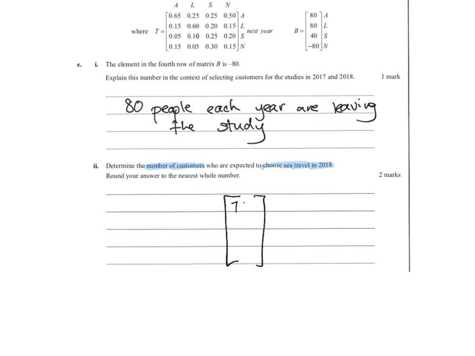I had 755, 536, 190, 118, and this is all rounded. C travel was this third row, so it was 190 customers.